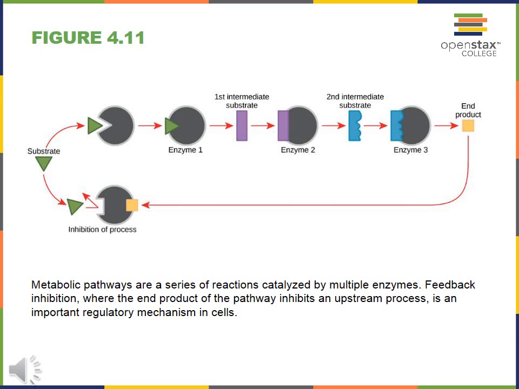Okay, and so we have this blue substrate attached to enzyme number 3, and we have this final end product, which is this little yellow square. Well, the yellow square then actually becomes an inhibitor molecule, and it will attach to an enzyme like we first encountered in enzyme 1.